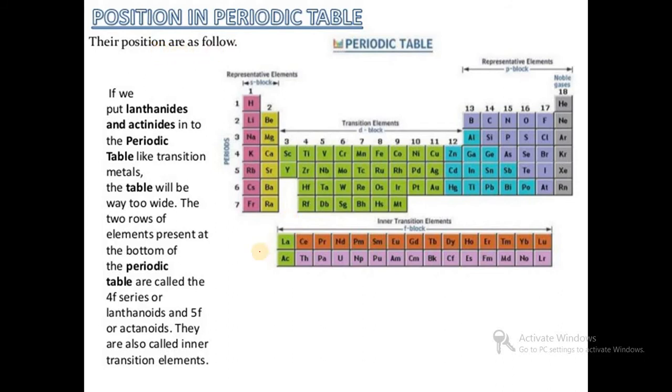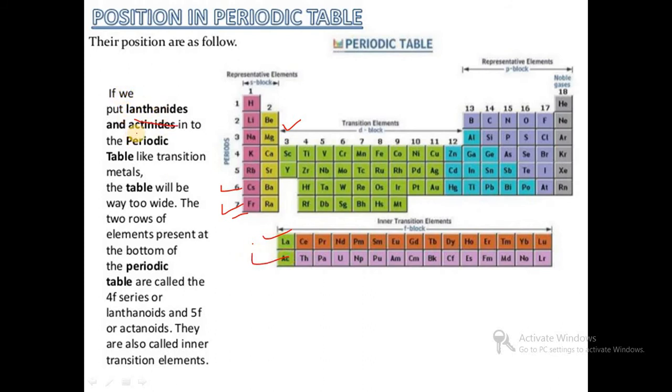Their positions are as follows: lanthanum appears in the periodic table at the 6th row, and actinides appear at the 7th row, that is period number 6 and group number 3 for lanthanum, and period number 7 and group number 3 for actinides.